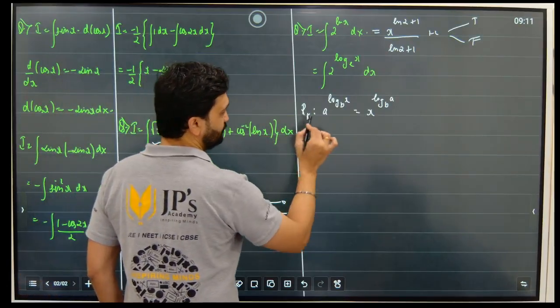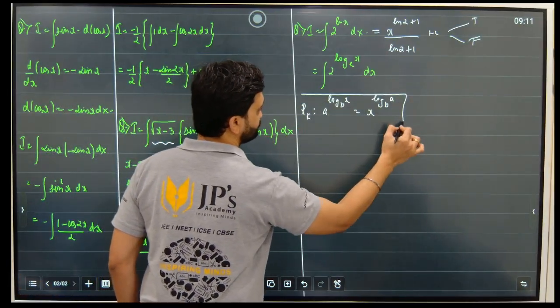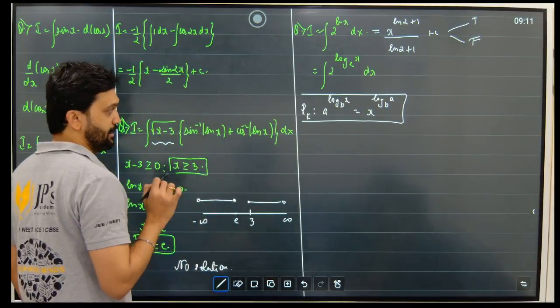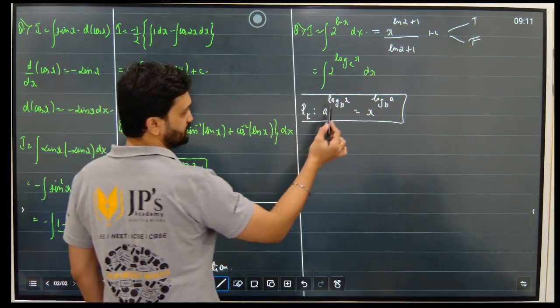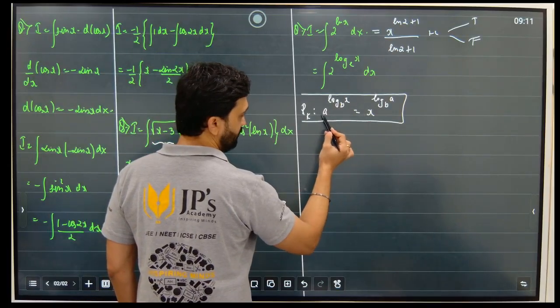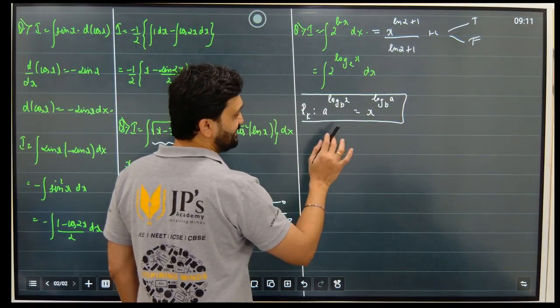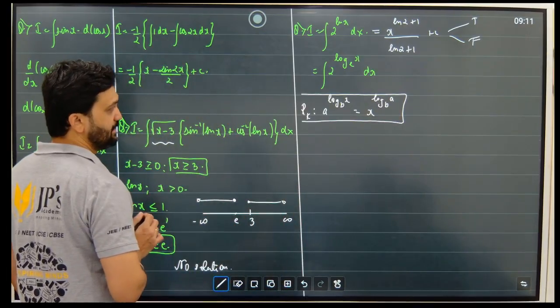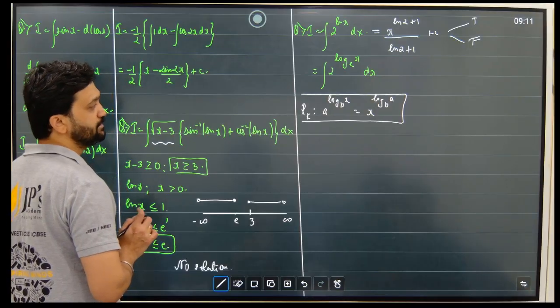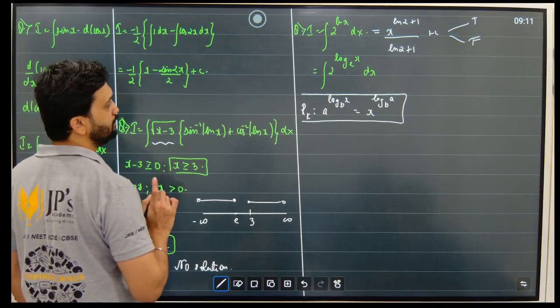This is the formula for a raised to log x to the base b. See, the base here becomes the base, and the value that I have will come here. x and a will get interchanged. This is what I get: a raised to log x to the base b will become x raised to log a to the base b.